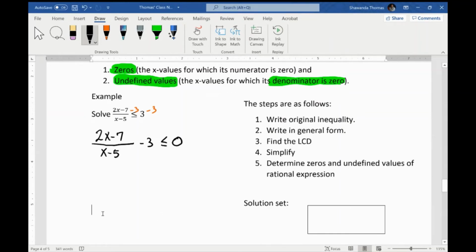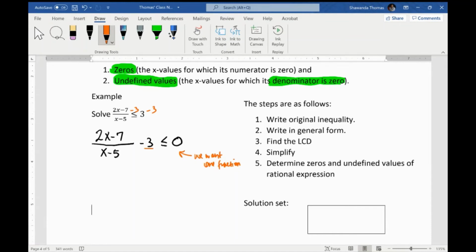Next, we need to put all this together as one fraction. So how do we subtract fractions? Because right now we have a fraction minus a number, and we want one fraction. We need an LCD, which is x minus 5.